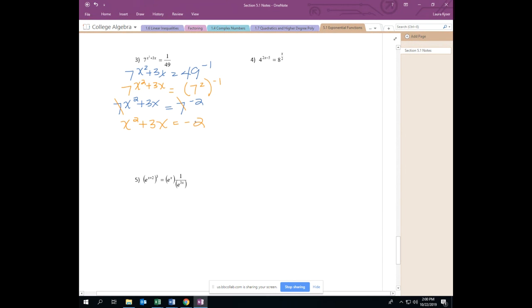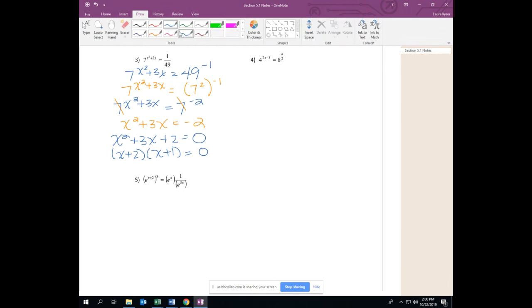So we'll check this time. But I'm going to start by adding my 2 over. That's going to give me x squared plus 3x plus 2 equals 0. Now this has to be solved using a quadratic method. And we can use whichever one we want, but I would probably factor because it's fastest. So I'm looking at x plus 2, x plus 1 for my factors.